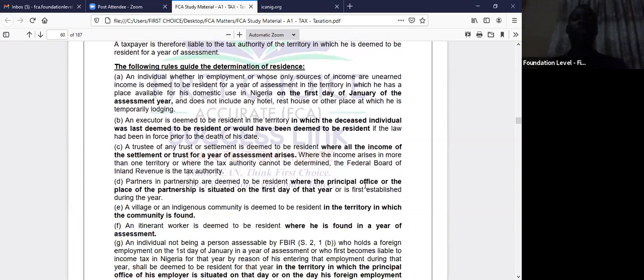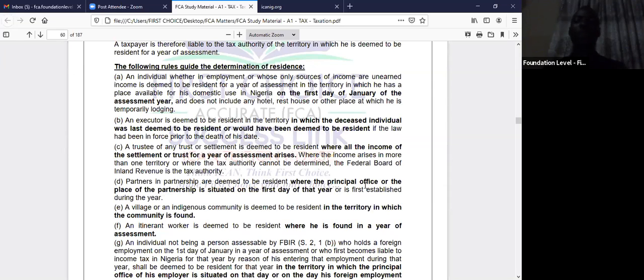An individual, whether in employment or whose only source of income are unearned income, is deemed to be resident for a year of assessment in the territory in which he has a place available for his domestic use in Nigeria on the first day of January of the assessment year.